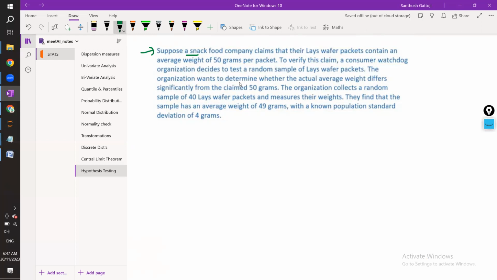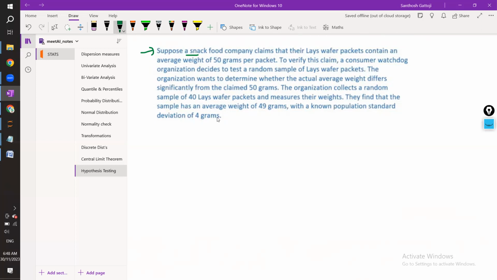The organization wants to determine whether the actual average weight differs significantly from the claimed 50 grams. The organization collects a random sample of 40 Lays wafer packets and measures their weights. They find that the sample has an average weight of 49 grams with a known population standard deviation of 4 grams.